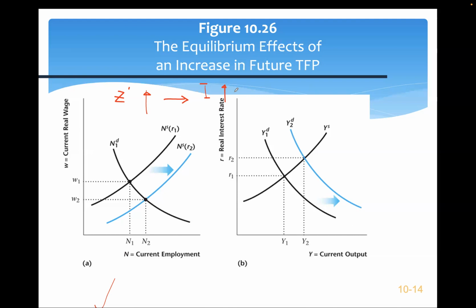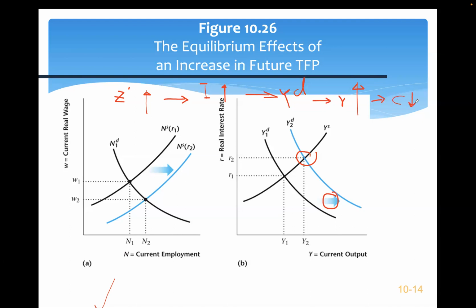So this increase in I is going to lead to an increase in aggregate demand. But now this aggregate demand increase naturally is going to lead to an increase in interest rate. Everyone wants to invest, so the interest rate increases. Now, how would that affect the other aspects of our economy? When the interest rate rises, usually that's going to lead to current consumption falling.